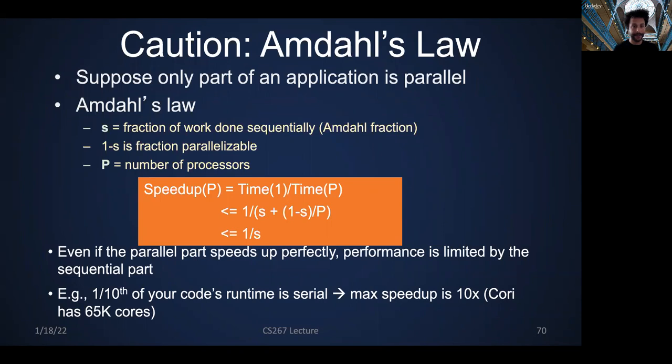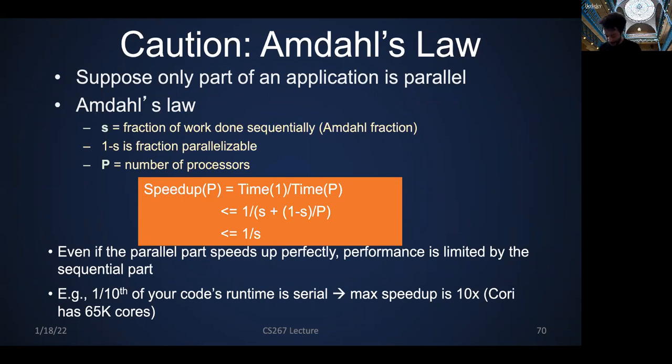We have to talk about this thing called Amdahl's law. If you have a big computation with lots of stages and you choose to parallelize only a fraction of it, it doesn't matter how big the fraction is. As long as you don't parallelize all of it, your speedup will not be linear, no matter how good of a job you do algorithmically and implementation-wise.